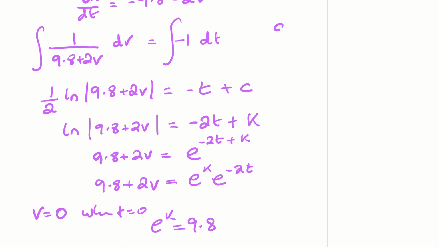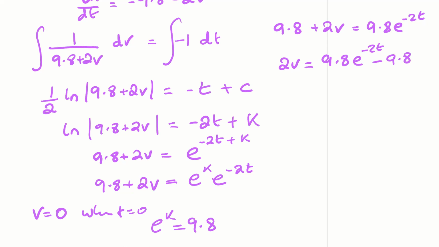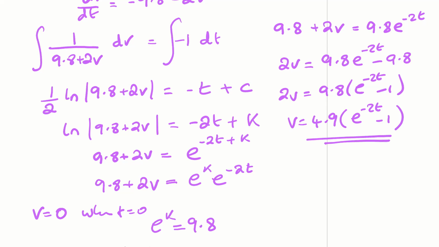So we have 9.8 plus 2v is equal to 9.8 e to the negative 2t, and so 2v is going to be 9.8 e to the negative 2t take away 9.8, so 2v is going to be 9.8 times e to the negative 2t take 1, and therefore v is 4.9 times e to the negative 2t take 1, as required.